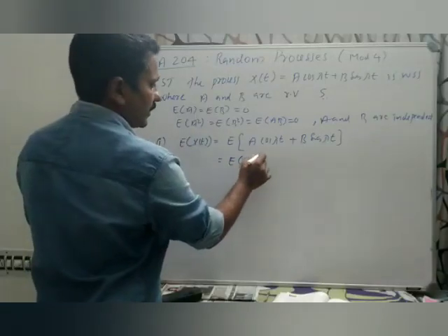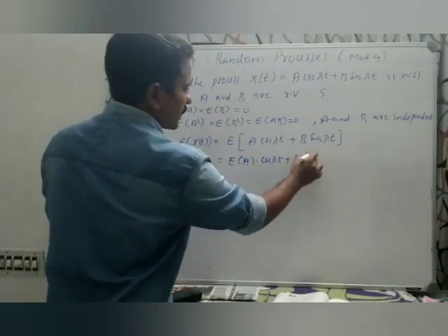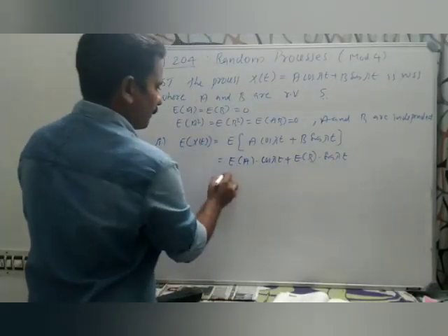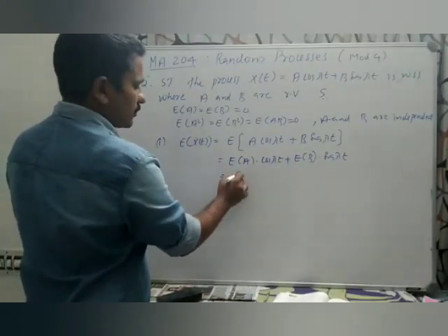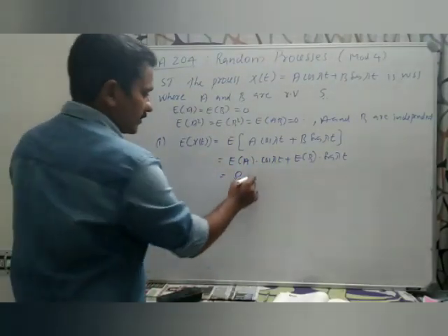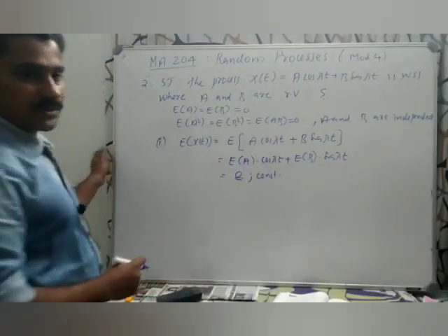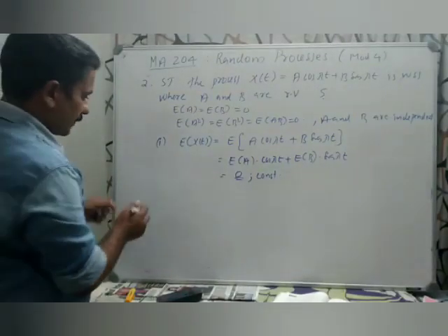So expectation of A times cos lambda t plus expectation of B times sin lambda t. It's given that expectation of A and expectation of B are 0. So the answer is going to be 0, which is a constant. Okay, so expectation of x of t is a constant. So the first part is proved.